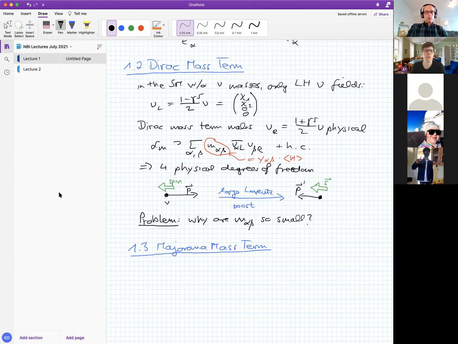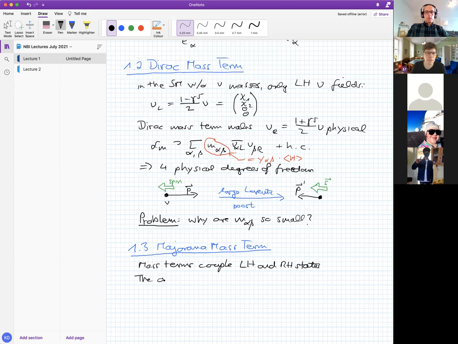So the idea behind a Majorana mass term is we start from the observation that mass terms couple left-handed and right-handed fields. That's generally true. That's what they do. Mass terms couple left-handed and right-handed states. But now in principle, even without introducing the field nu r above, so the field consisting of the lower two components of a Dirac spinor, even without that, we already have a right-handed state in the theory, namely the antiparticle of the left-handed neutrino.